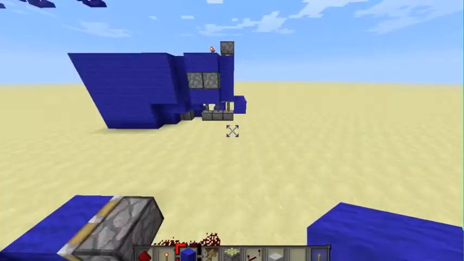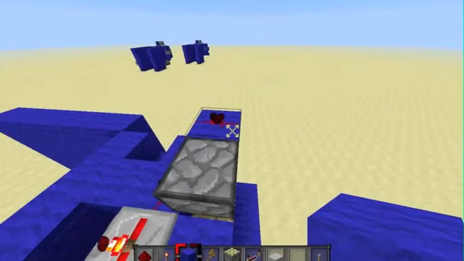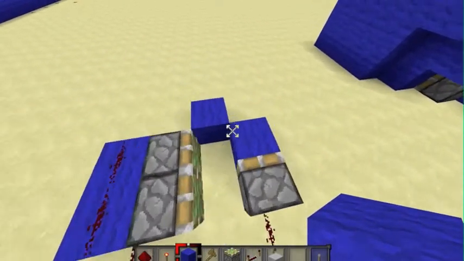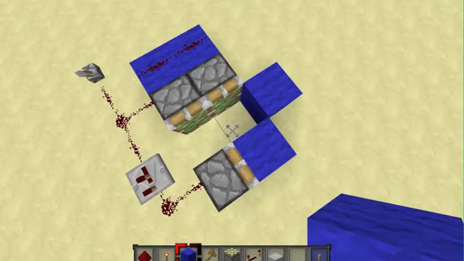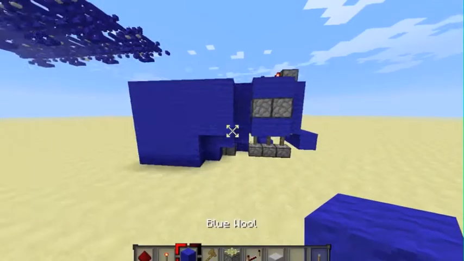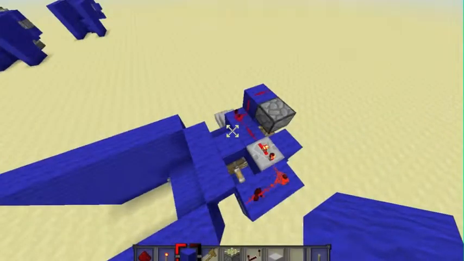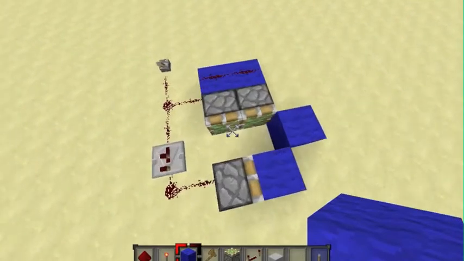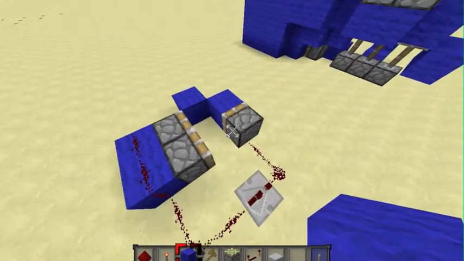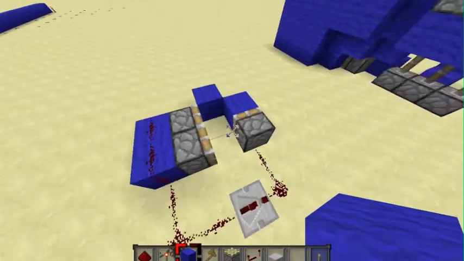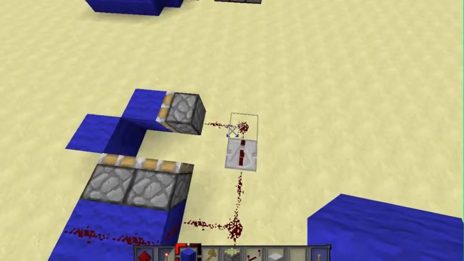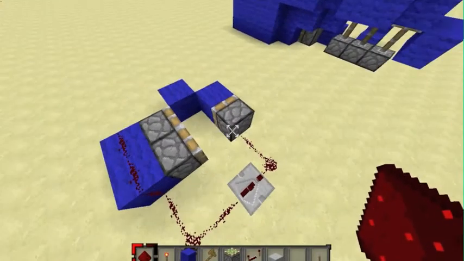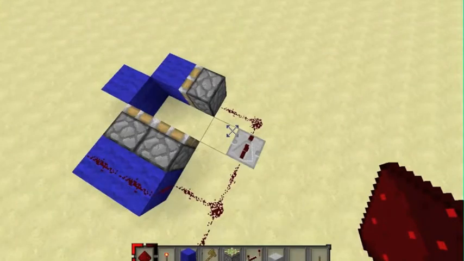So what I've done in this design right here is I've actually solved this problem. In general, it's not the sort of thing that one would expect to happen inside of a computer, but it's one of the things that you probably wouldn't think of. It has to do with where the blocks actually are. Because if you think about it, if we could just power this wire right here, the pistons could potentially push the piston into it.